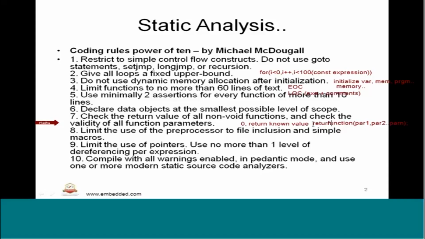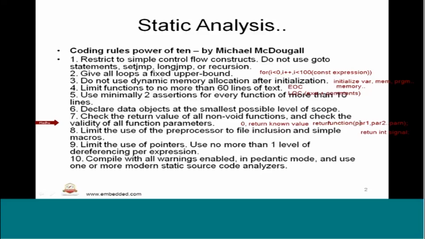Suppose the return is some int x, it could be a signal, suppose. So it is supposed to return a signal, and we need to check whether it is getting done the right way, the value that it is going to return, especially where we have a return with some value, that is nothing but non-void functions.